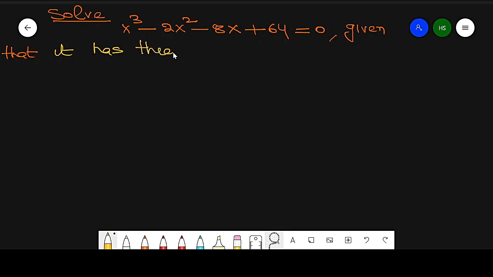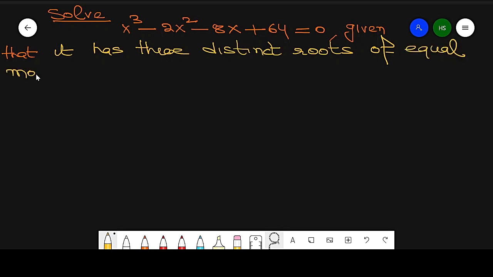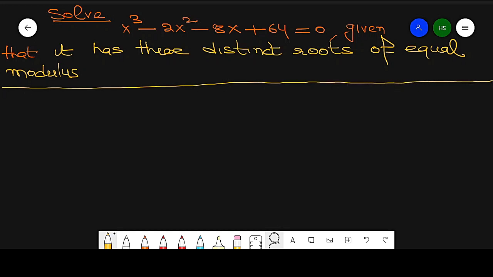So remember that: three distinct roots of equal modulus. So this is given that it has three distinct roots of equal modulus. So that is given.